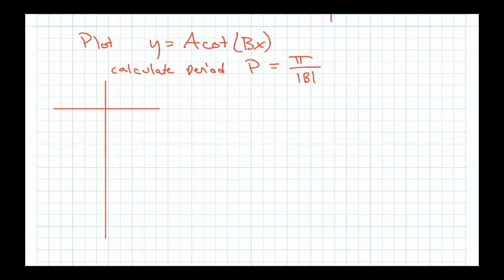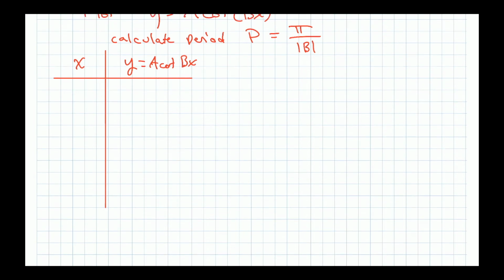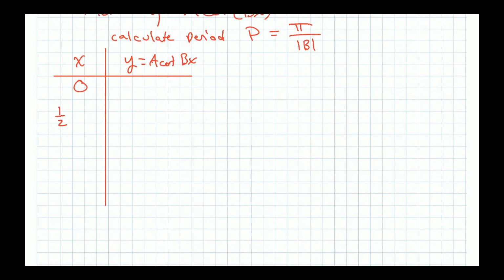So in your table, you're just going to have x and y equals a cotangent bx, but all you're going to have is 0, that should be a quarter P, half P, 3/4 P, and that should be P, but I was writing a pi, P. Okay.